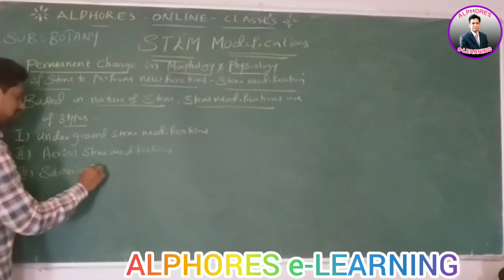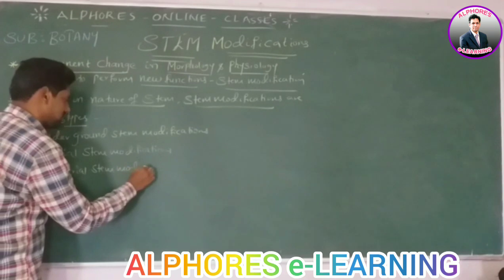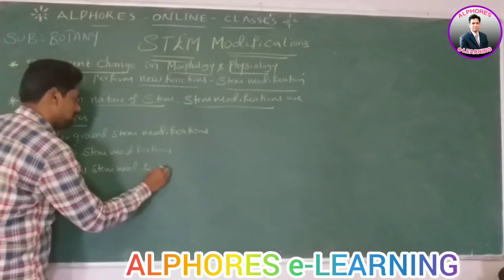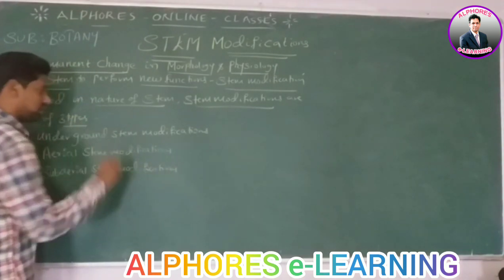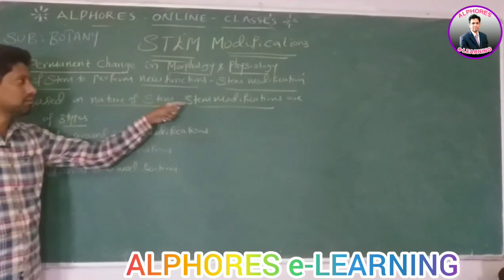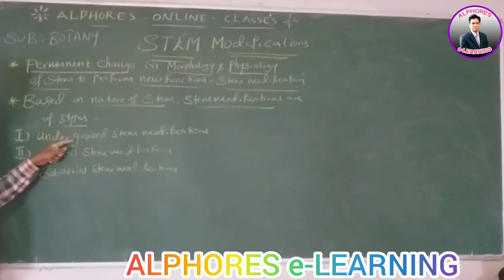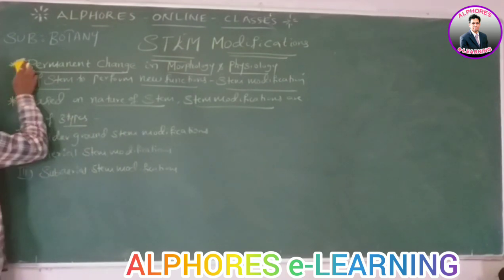Therefore, based on nature of stem, modifications are of three types: underground stem modifications, aerial stem modifications, and subaerial stem modifications. What is the first one? Underground stem modifications. Go for the first one, underground stem modifications.